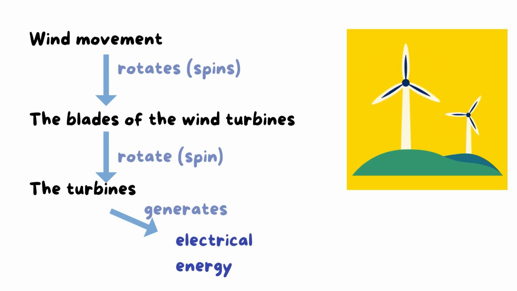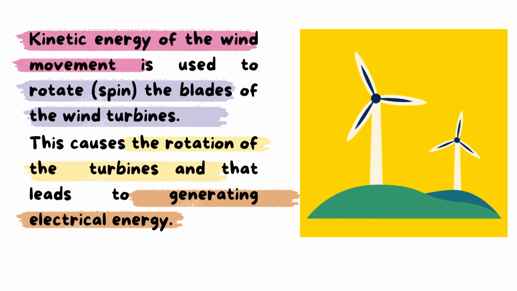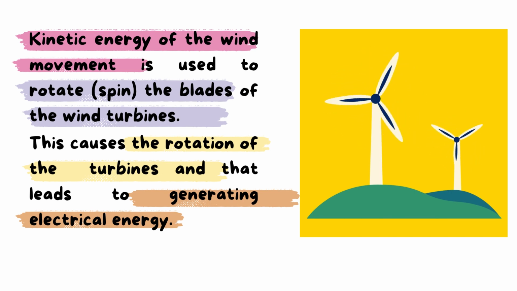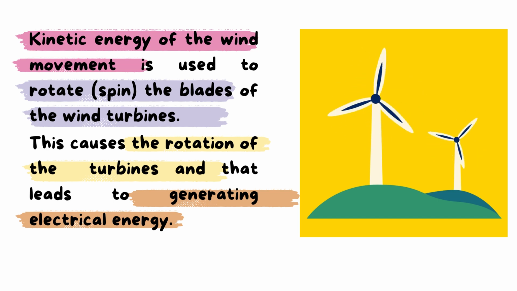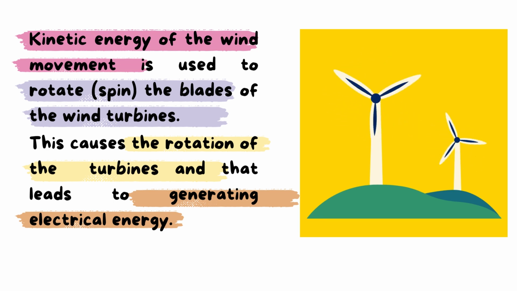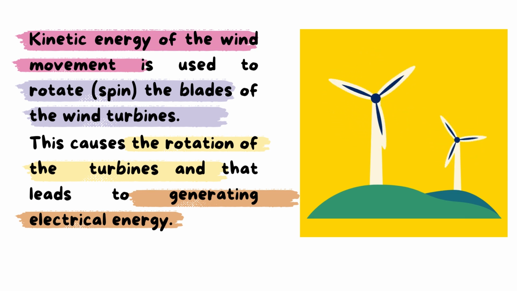So here we can say the kinetic energy of the wind movement is used to rotate or spin the blades of the wind turbines. This causes what? The rotation of the turbines, and that leads to generating electrical energy. So here we obtained electrical energy from the kinetic energy of the wind movement.